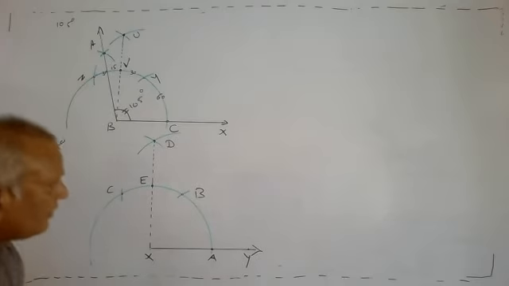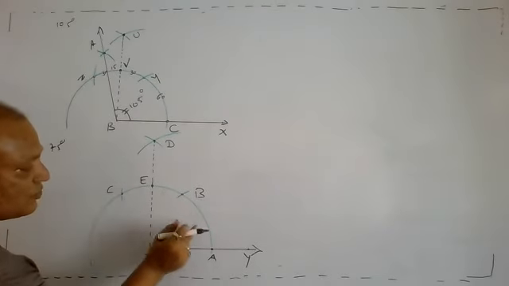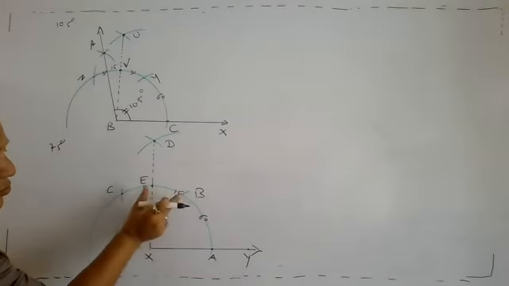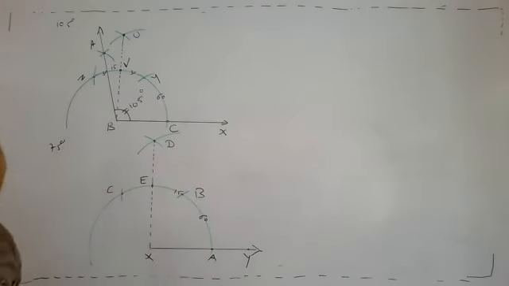Now E to B, it is 30. So 60 plus 15. Here we have to bisect B and E, and it will be 75.